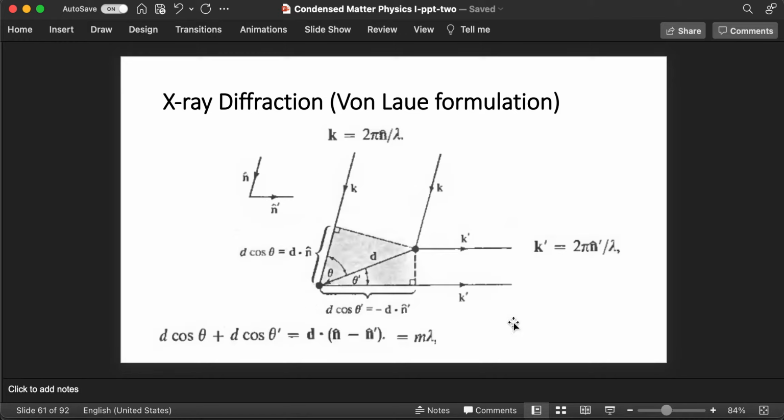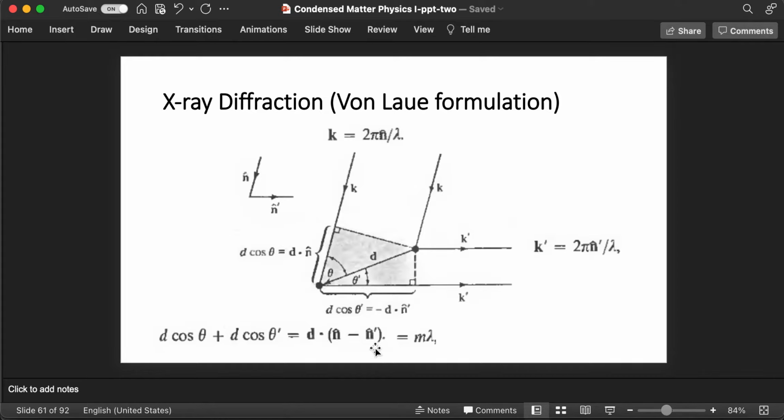Suppose I have two lattice points here separated by some displacement vector d. Then I have an incident X-ray k and a scattered X-ray k prime. So the wave vector of the incident X-ray is k, the scattered X-ray is k prime, and we are only going to consider elastic scattering. So the magnitude of k and the magnitude of k prime is the same, the wavelength is the same.